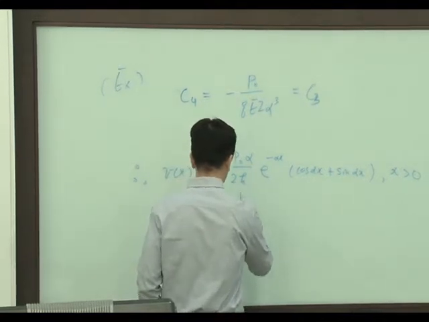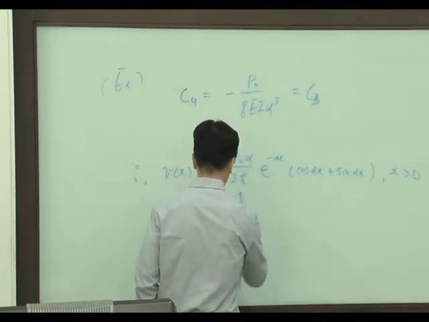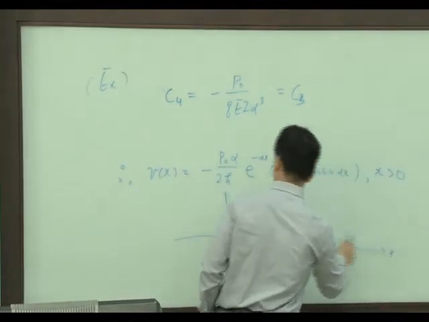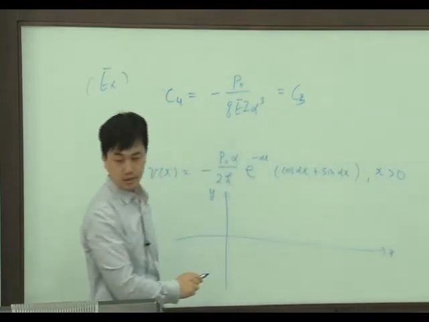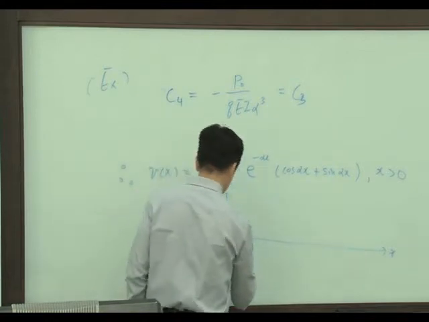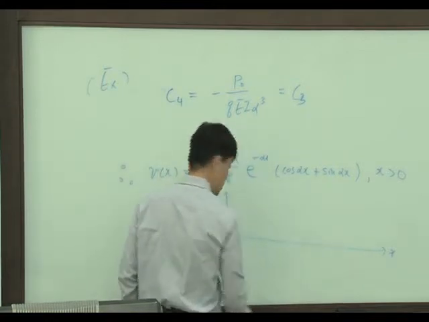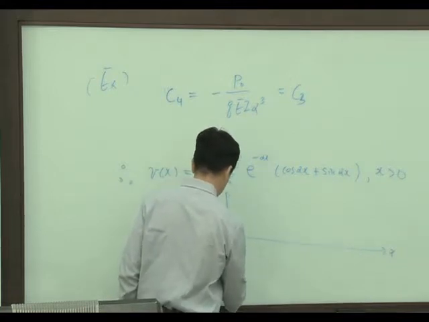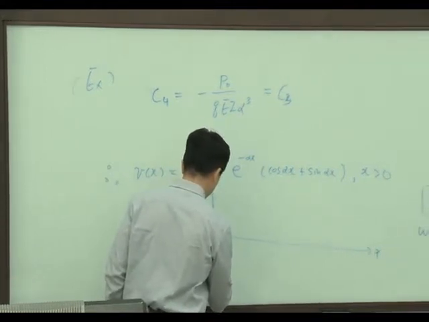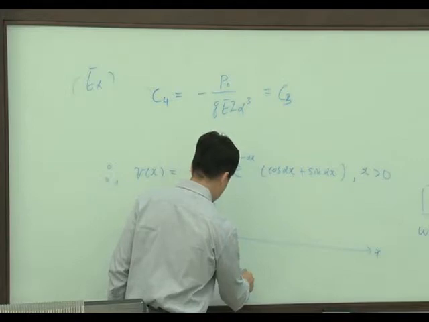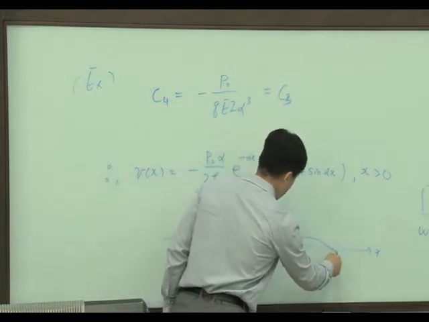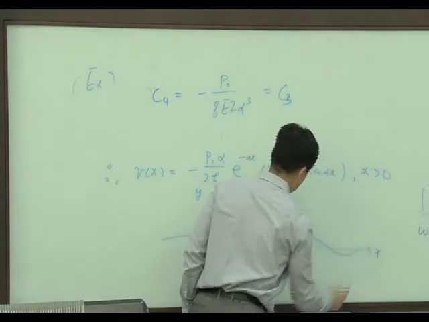So if I plot this, the shape looks like this: x, y. Okay. Here, no deflection, no rotation. The slope is 0, and it decreases. Something like that.